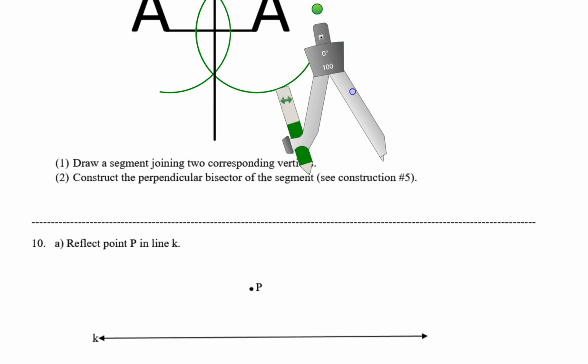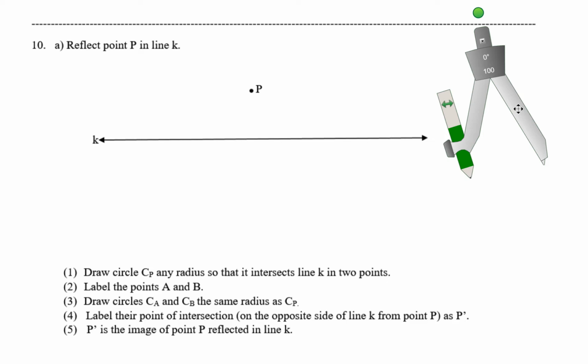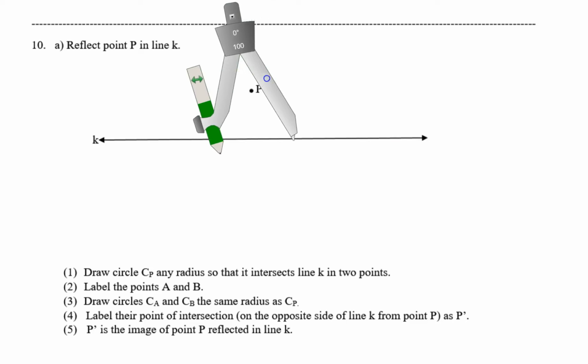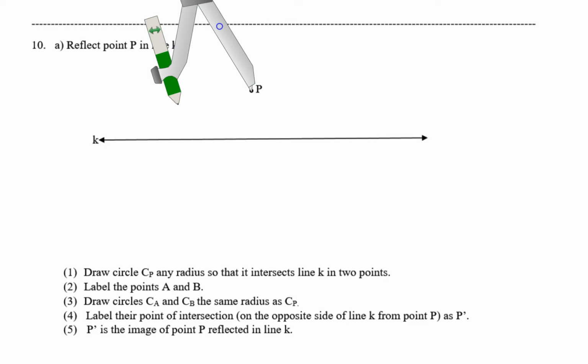Okay, so if we wanted to reflect a point P in line K, we have our steps 1 through 5 down here. I'm going to start by drawing a circle any radius so that it intersects the line K in specifically 2 points.